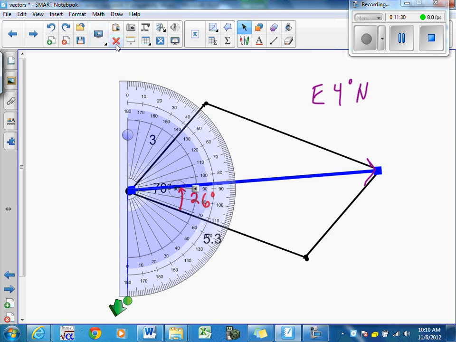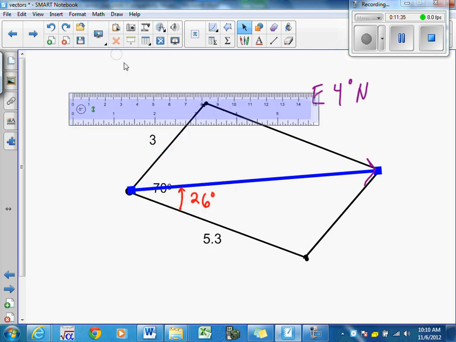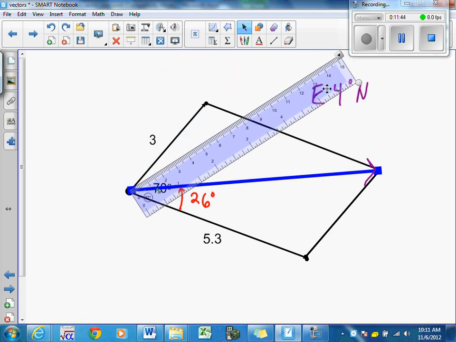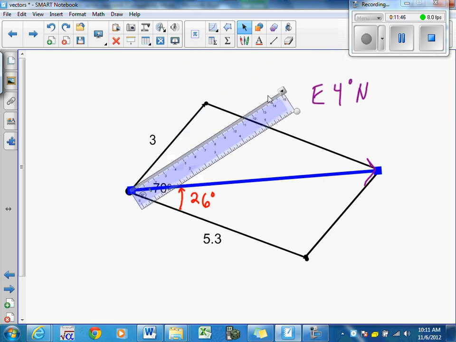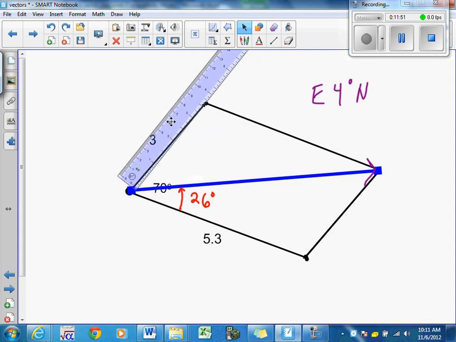Next, see how long it is. So we're going to use a ruler. Let's get this scaled right.